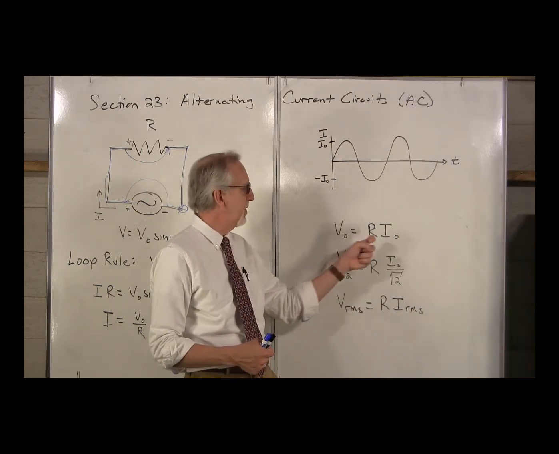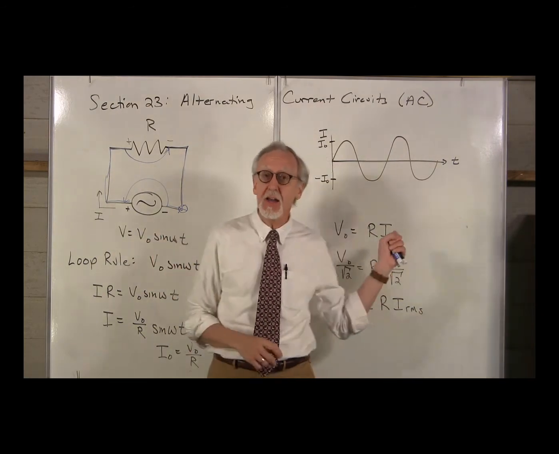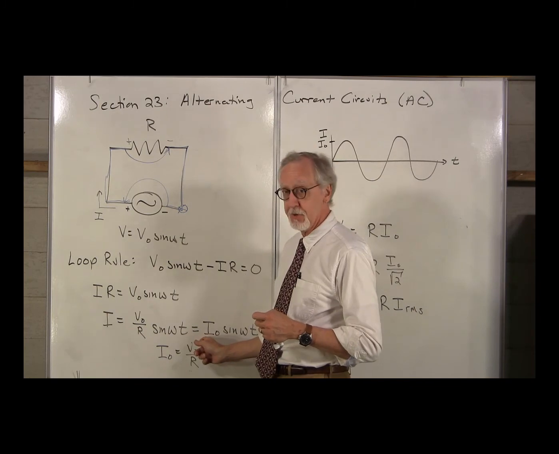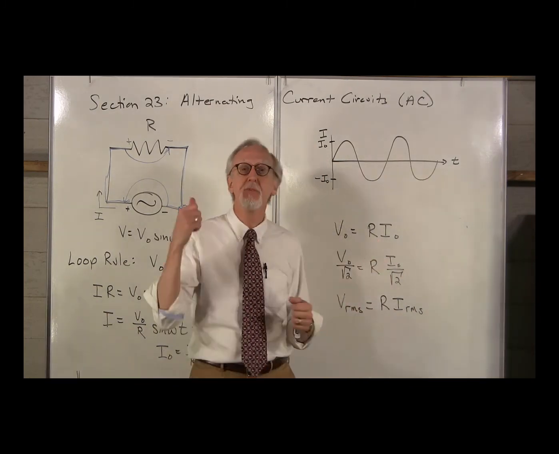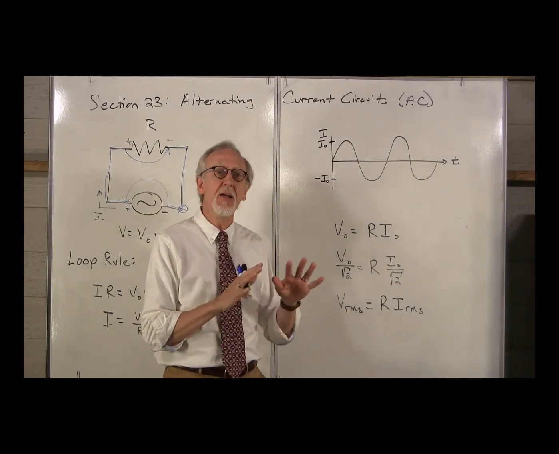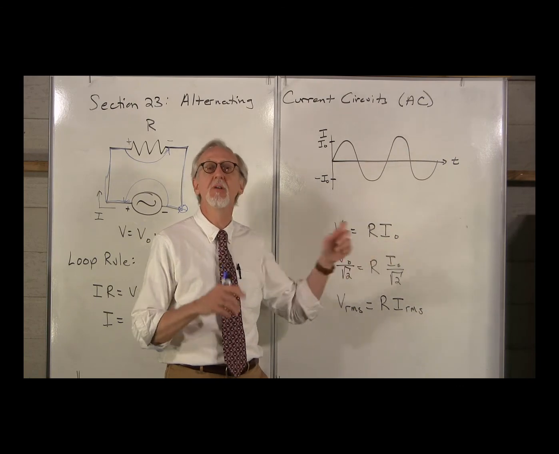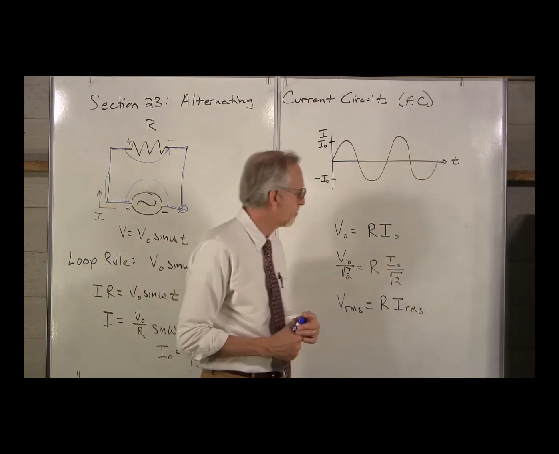What are these quantities? V0 is the voltage amplitude, I0 is the current amplitude, and R is the resistance of the resistor. It has exactly the same form as Ohm's law, but these are not time-dependent quantities. These are amplitudes of time-dependent quantities.